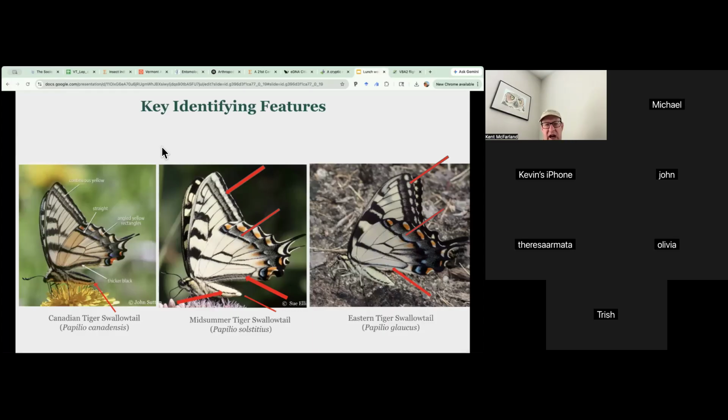If you're IDing your tigers, I'm going to say right off the bat, if you feel overwhelmed and you're not sure, like, oh man, it's late June, this could either be a Canadian tiger swallowtail or a midsummer tiger swallowtail, both eButterfly and iNaturalist have a complex. So you can put in Eastern Tiger Swallowtail complex, which means, I don't know, it's one of the tiger swallowtails, and I can't tell from this photo because the photo doesn't show me the right things, or I don't actually know.